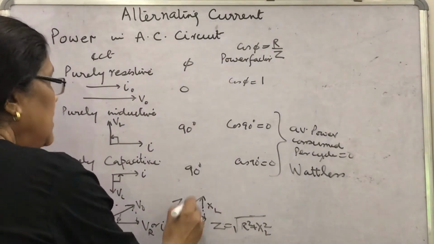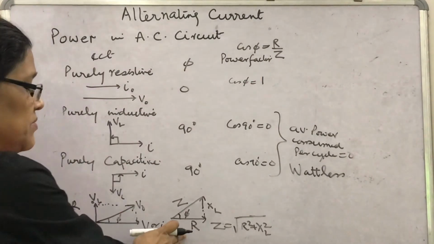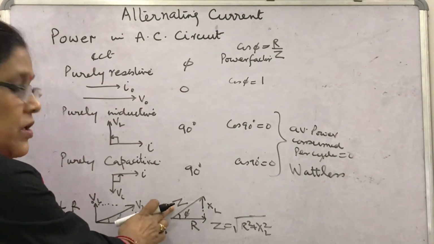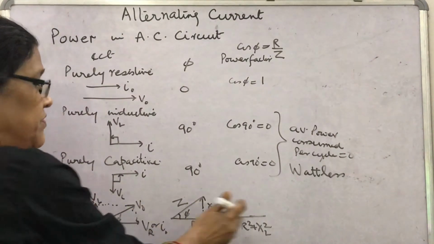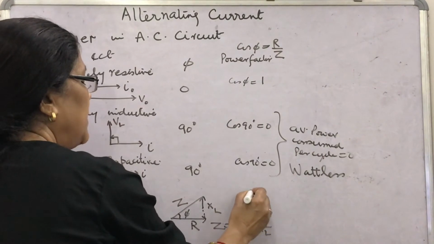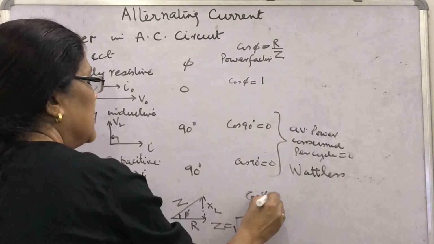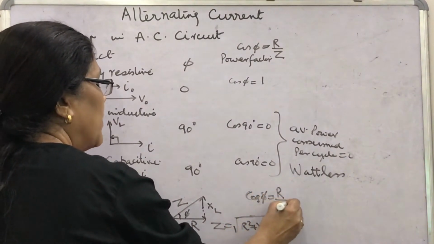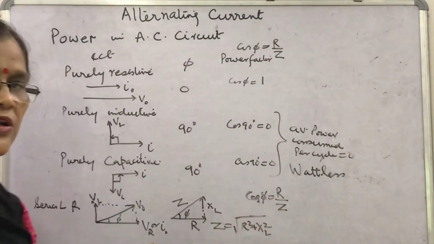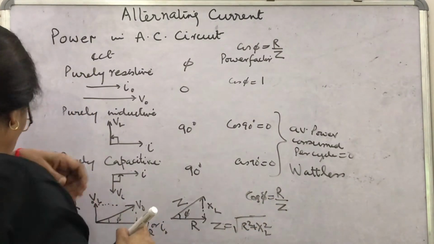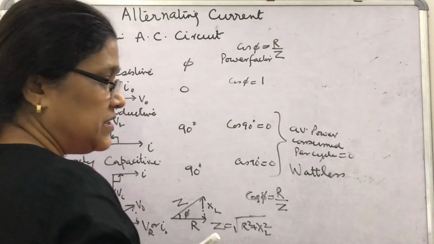Then what will be cos phi from this triangle? Base upon hypotenuse. So cos phi is R upon Z, where this is the value of Z. So in this way you will find power in an AC circuit.